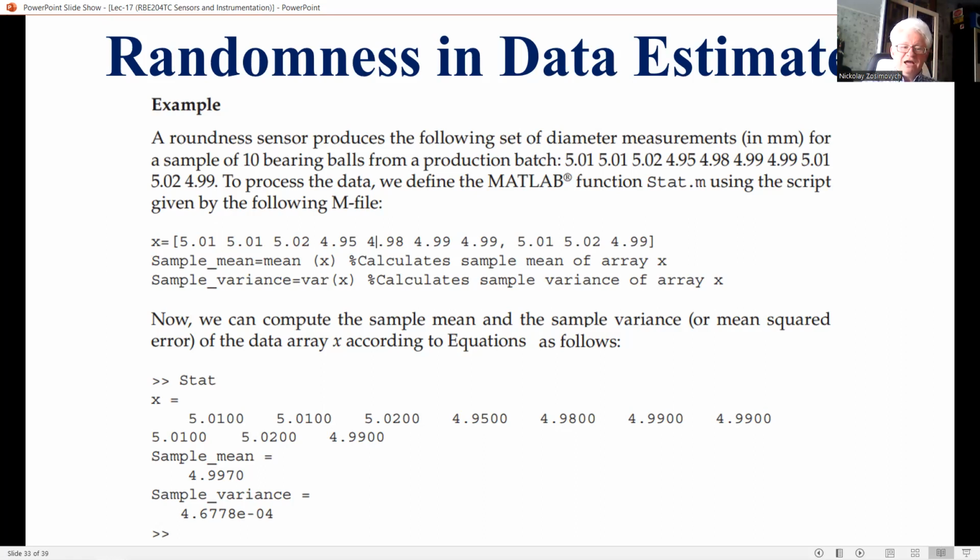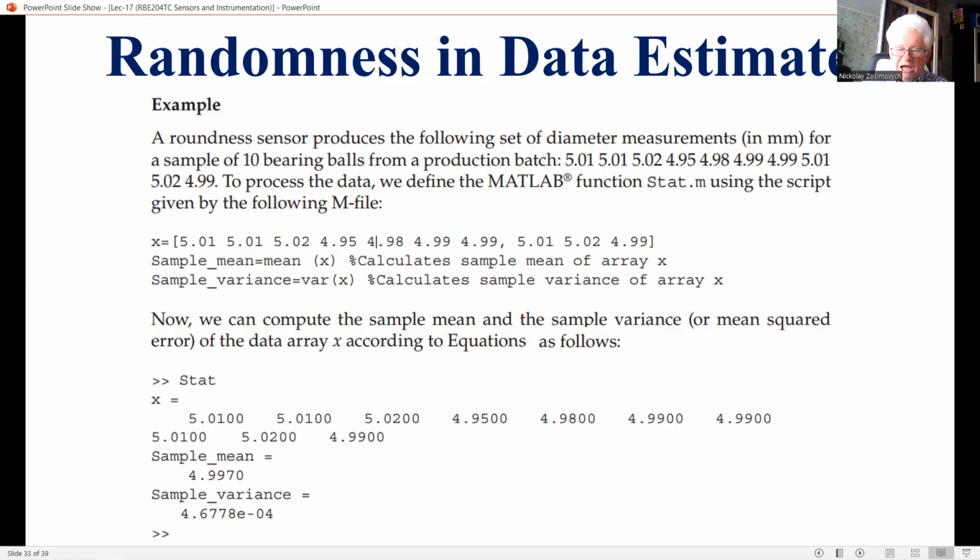Furthermore, the data measured from a random process are also random, and hence the estimates computed from the data are also random. Let's look at this example. A roundness sensor produced the following set of diameter measurements in millimeters for a sample of 10 bearing balls from a production batch.